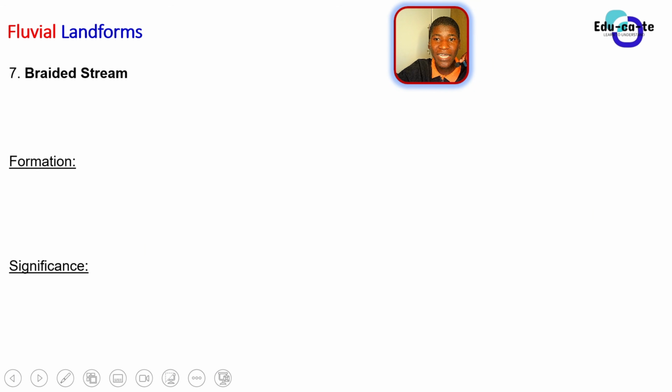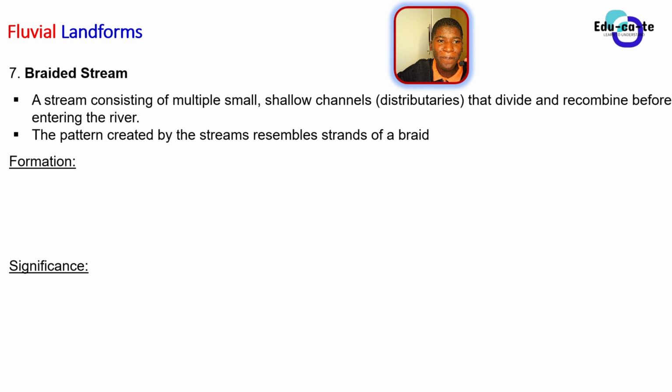Yes. So now the last one that is similar to a delta is known as the braided stream. The braided stream, as you can hear, is braided. It looks like the braids of ladies, right? So basically, a braided stream is a stream consisting of multiple smaller channels, which are distributaries.